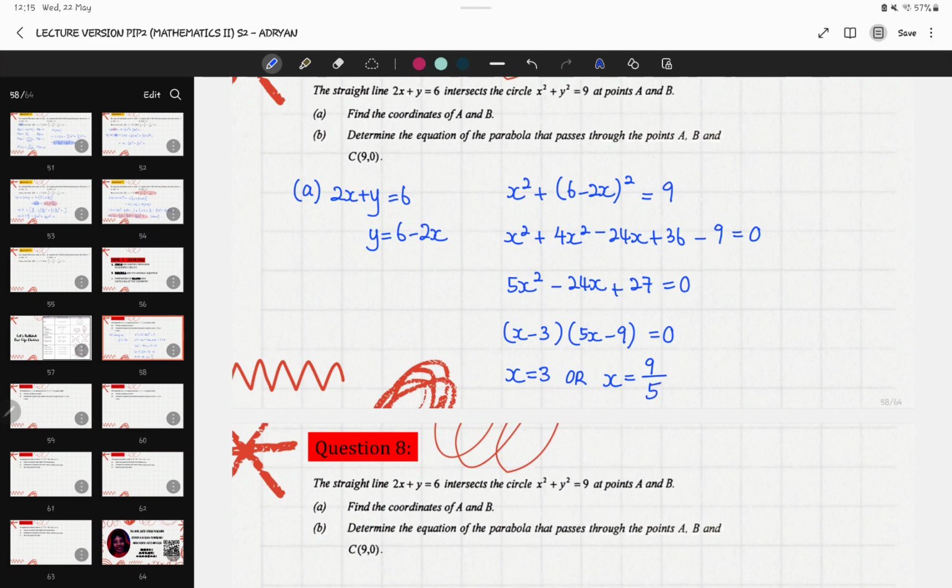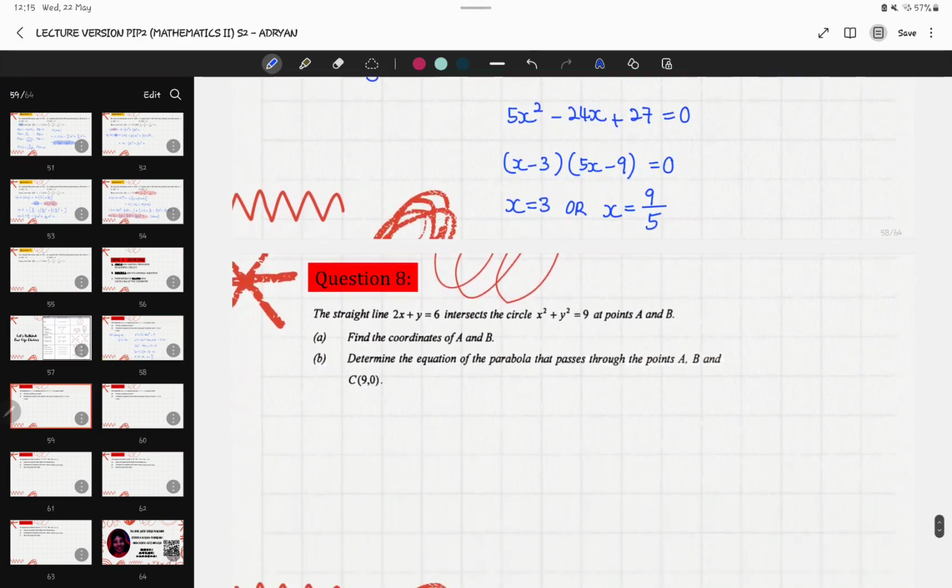But we do not want only the x values, we also want the y values, because we want to find the coordinates. So taking these two x values, we substitute into either one of the equations. Most easily would be the y equals 6 minus 2x equation.